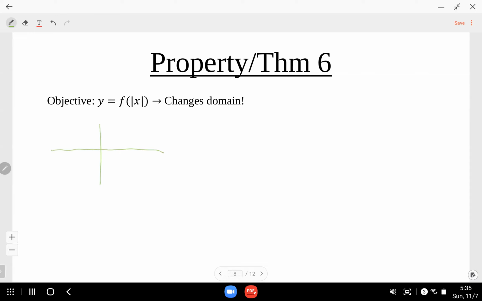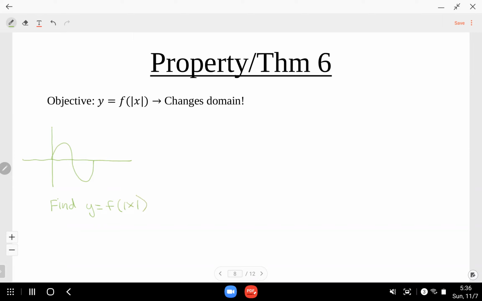My graphs are dumb again. Why are these so squiggly? We're going to have that same exact example, and this time we're going to find y equals f of absolute value of x.